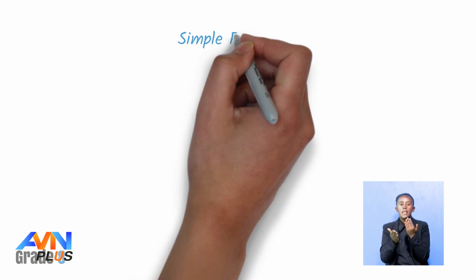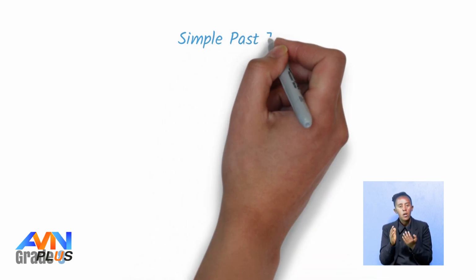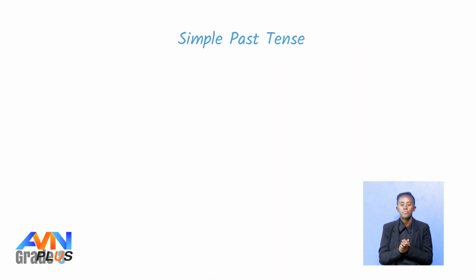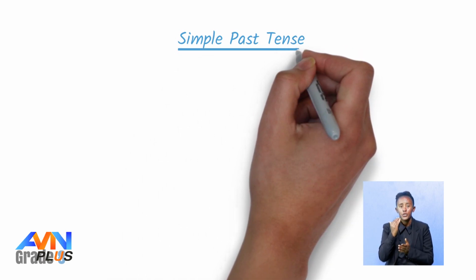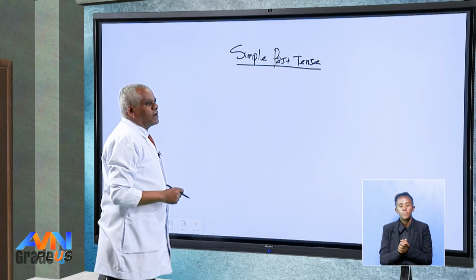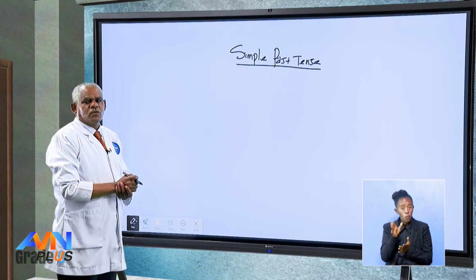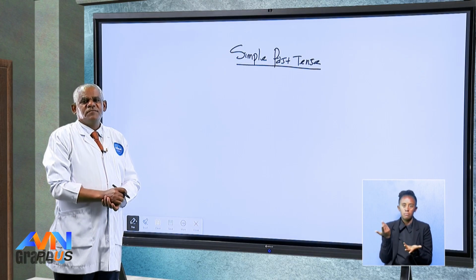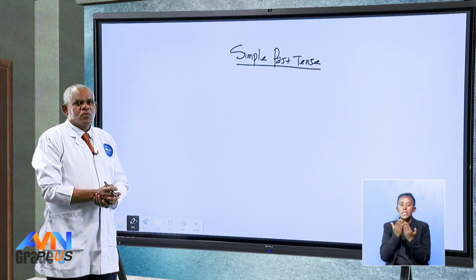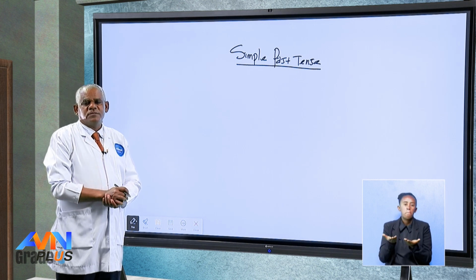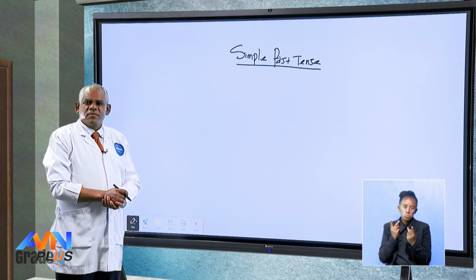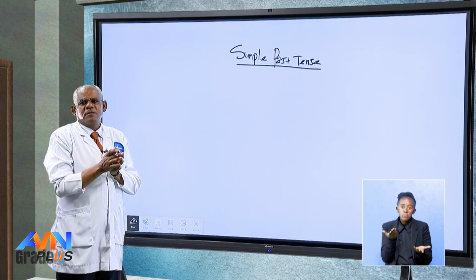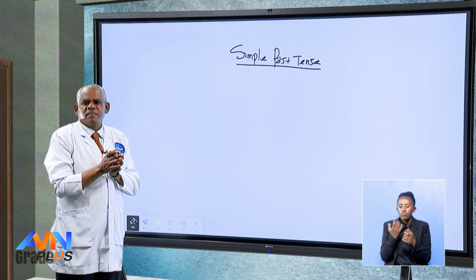Simple past or past simple. Good students. Don't forget that if you want to talk about an action which is in the past, you have to use simple past tense, or past simple in other words. While you are learning simple past tense, just think about what you did last time.